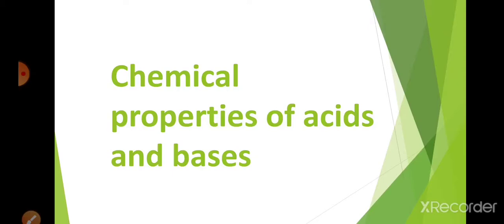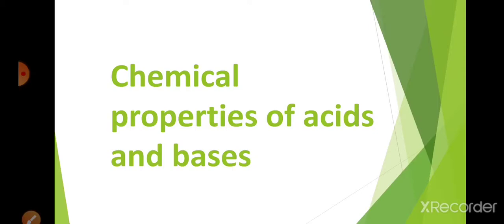But chemical properties are different from physical properties. The chemical properties tell us how an acid reacts with certain substances. For example, metal, oxygen, water, base, so acid plus base, all these things. And when it undergoes a chemical reaction, it forms products.